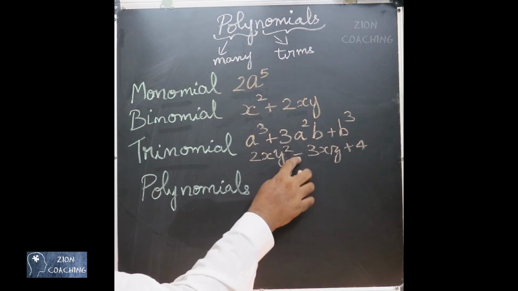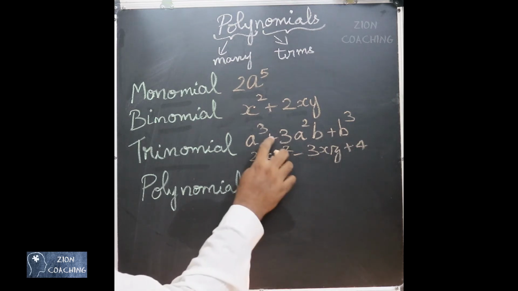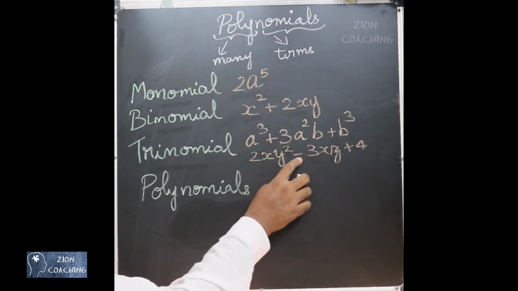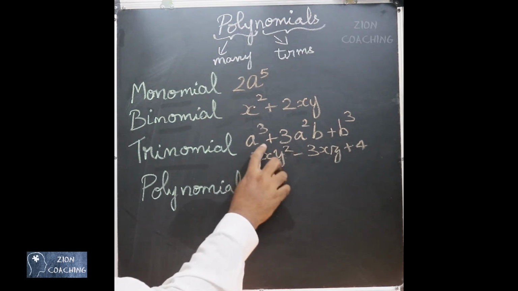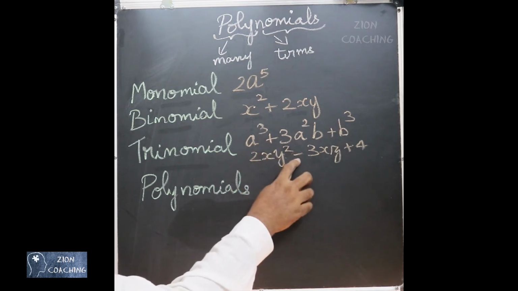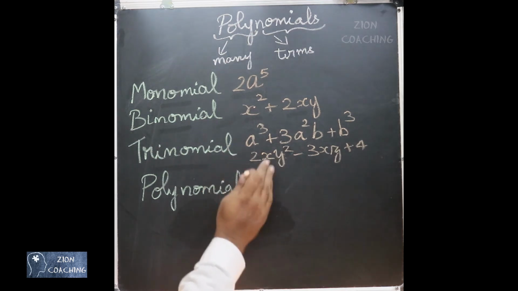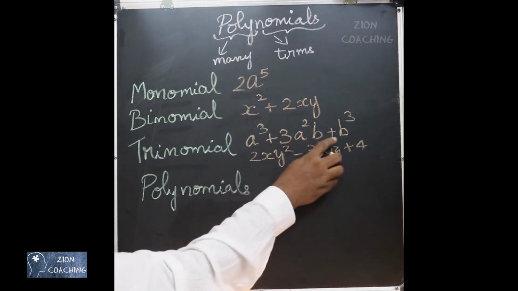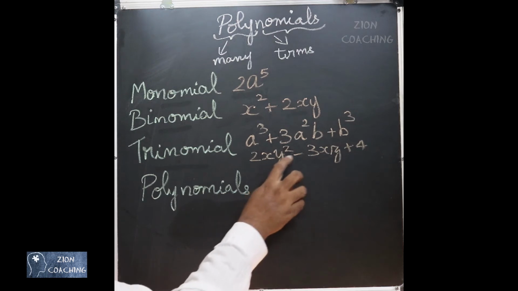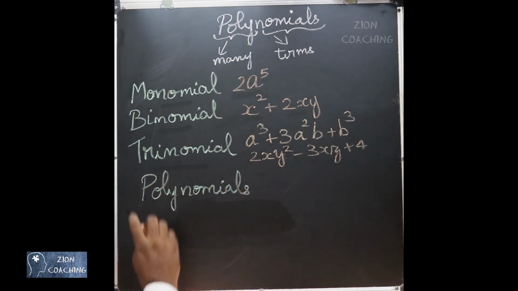A minus symbol also can be there between two terms. It is not plus alone, there can be a minus symbol also. In general, plus or minus symbols are the separators between the terms. Here you can see three terms, so it is a trinomial. Here again three terms, so it is a trinomial.